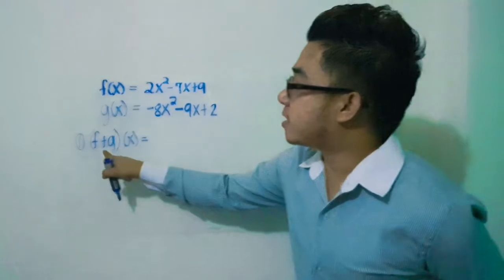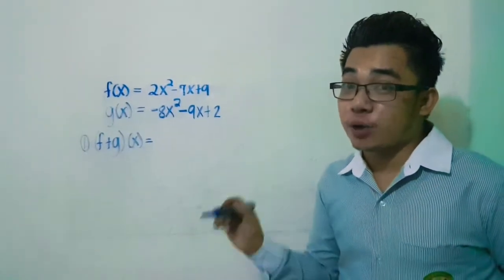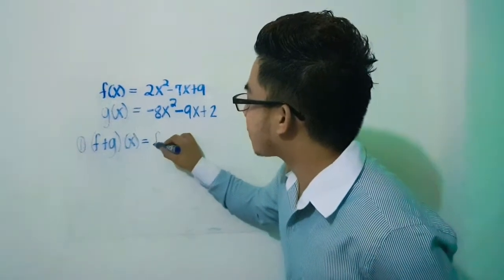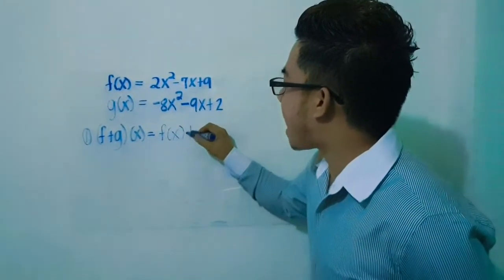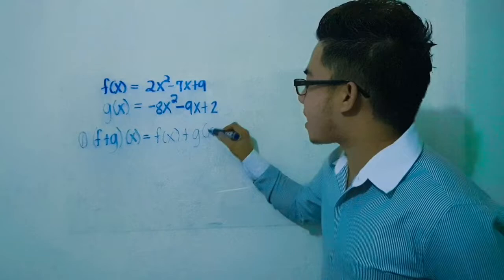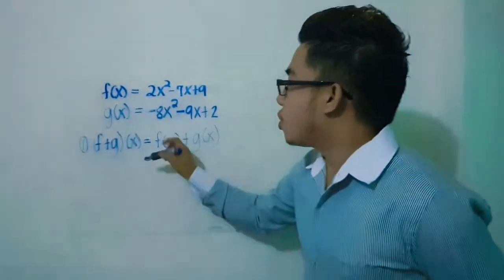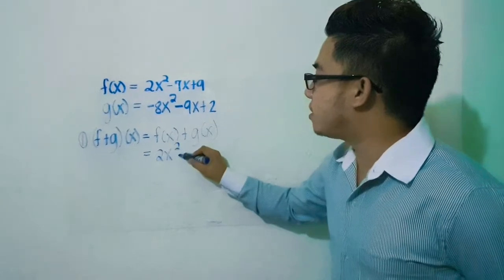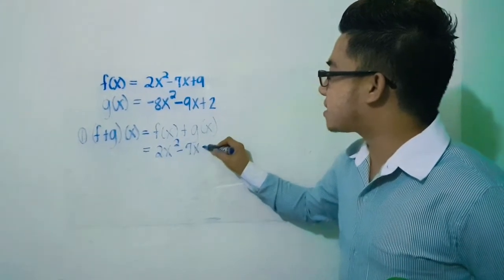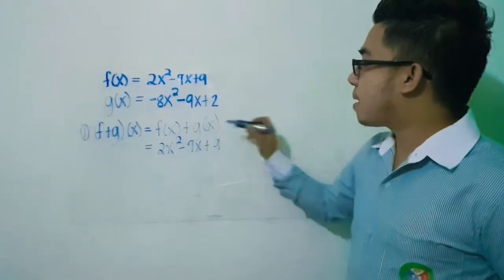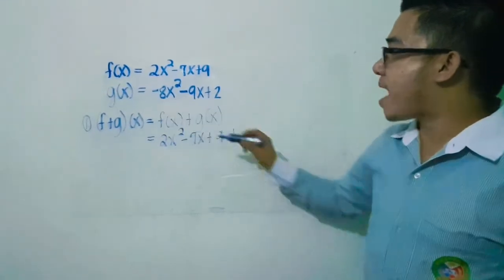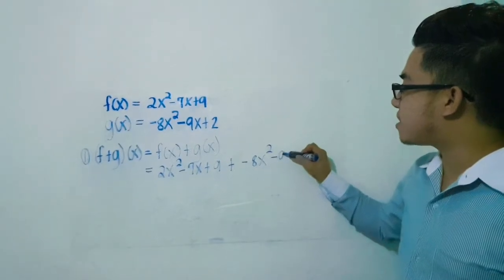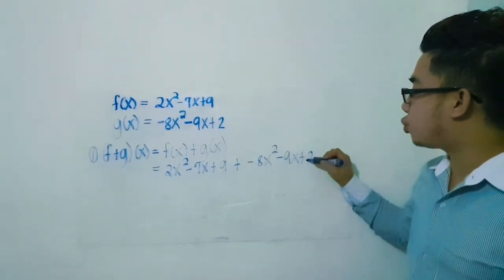We all know that by the distributive property of multiplication over addition, this is equal to f of x plus g of x. So, the value of f of x is 2x squared minus 7x plus 9, plus g of x, which is negative 8x squared minus 9x plus 2.